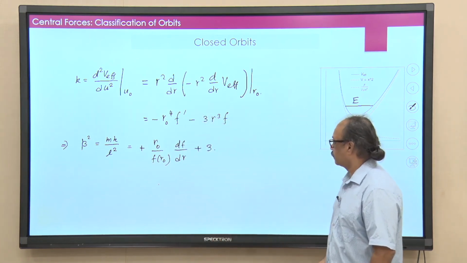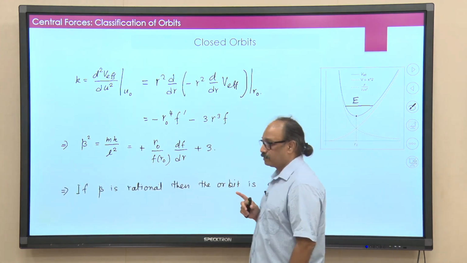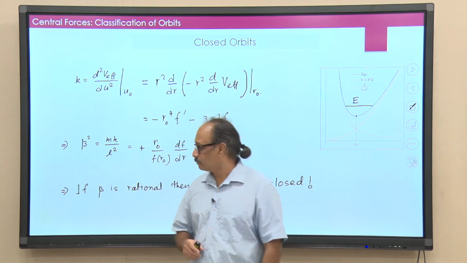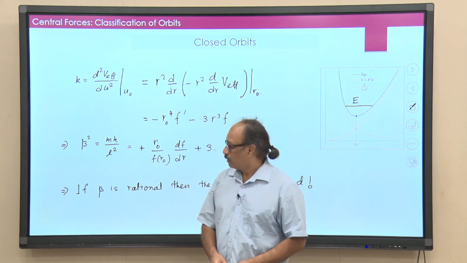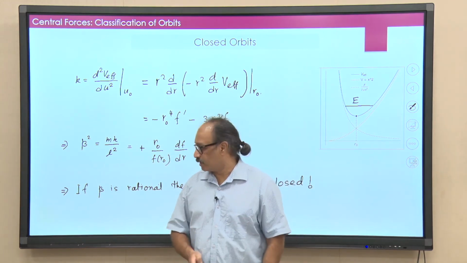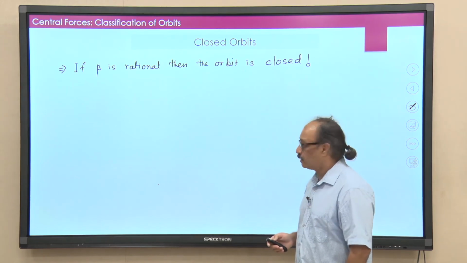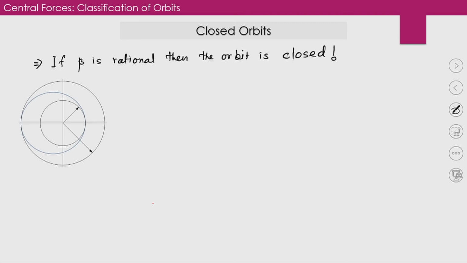Fine. Now, when will the orbit be closed? The orbit will be closed if this beta is a rational number. How so? I will give you a few examples here. If beta is a rational number, then of course the orbit will be closed. Look at one example, where beta is equal to 1.